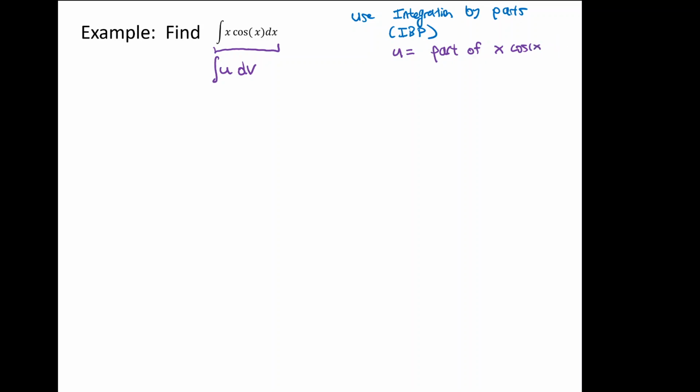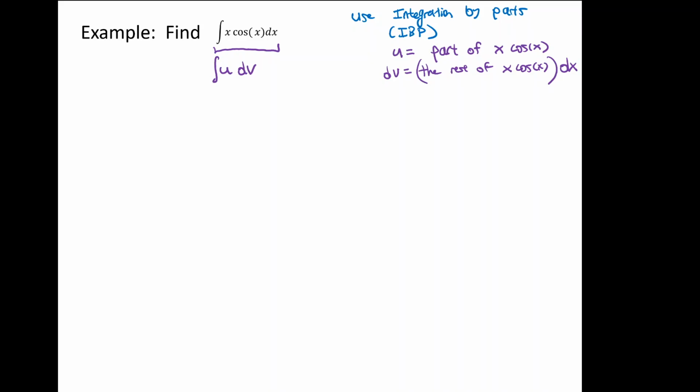But the dx is never going to be part of u, it's always going to be part of dv, which is equal to the rest of x times the cosine of x times dx. So this is the structure that we will always have when we do integration by parts problems.